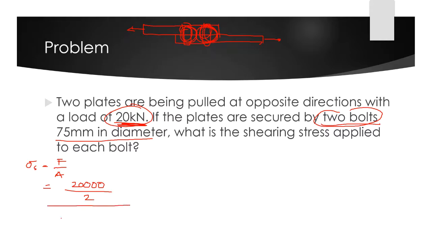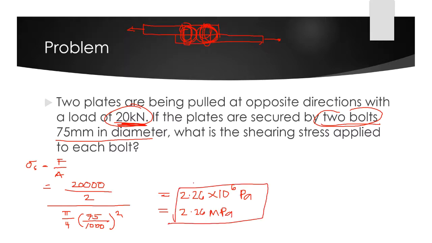And then for the area, we have pi over 4 times 75 over 1,000 squared. So basically our stress here is equivalent to 2.26 times 10 raised to 6 Pascal, or just equivalent to 2.26 megapascal. So either way, that's just the same.